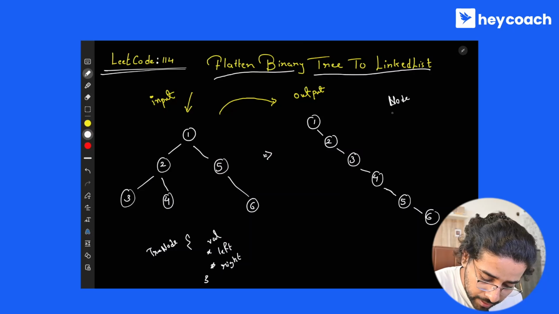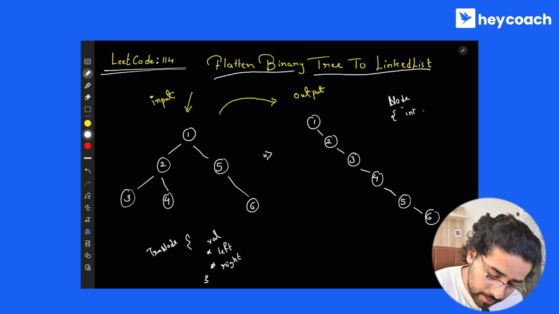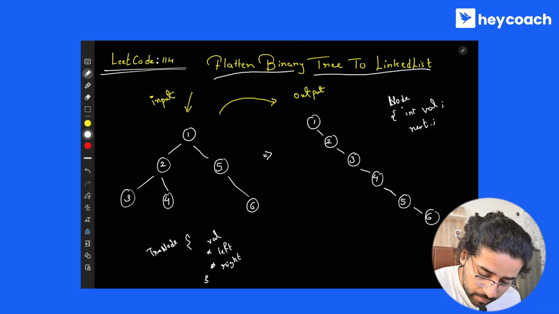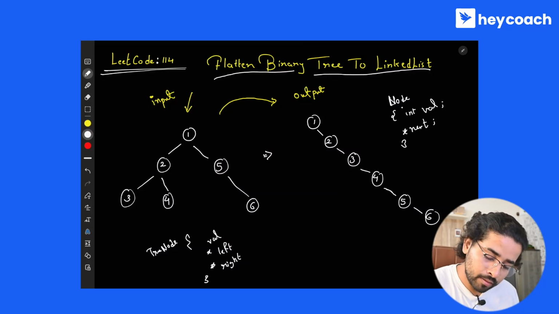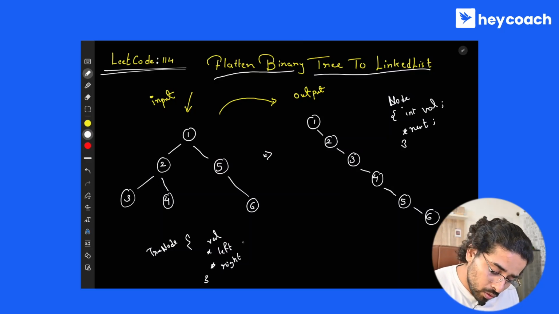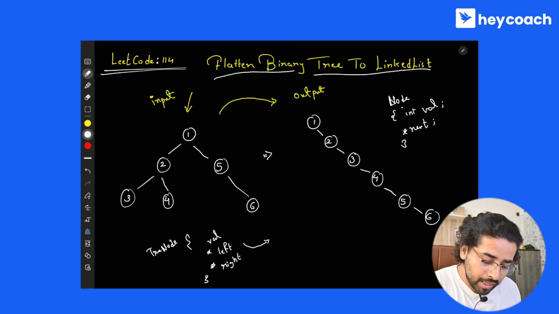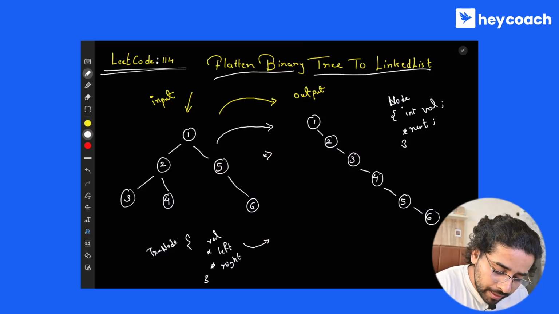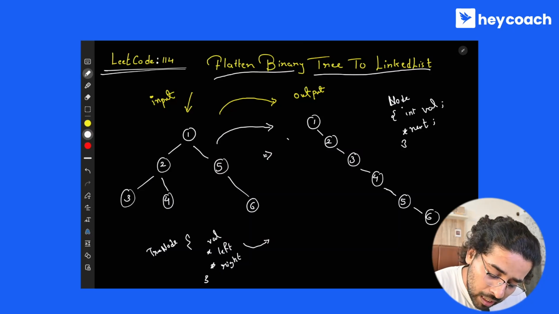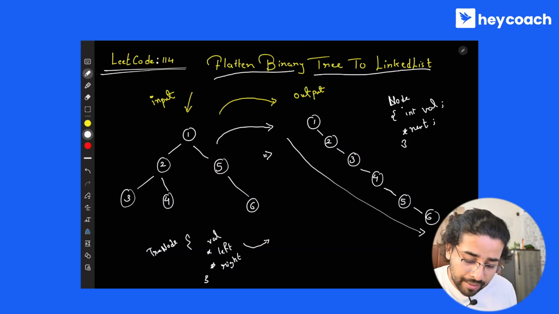A linked list structure contains the value of it and the next pointer. So what the question is saying is we don't want to change this structure, but we need to convert this binary tree so that when we traverse it, the output looks like a linked list.